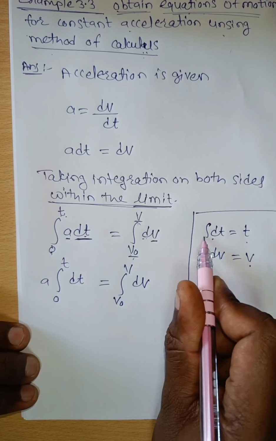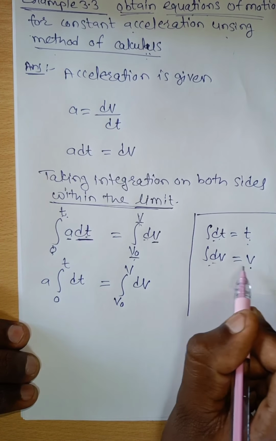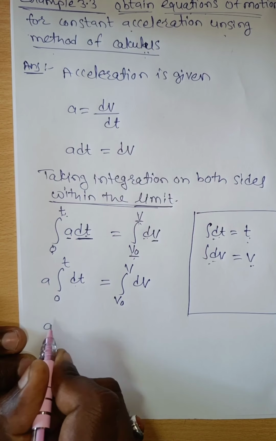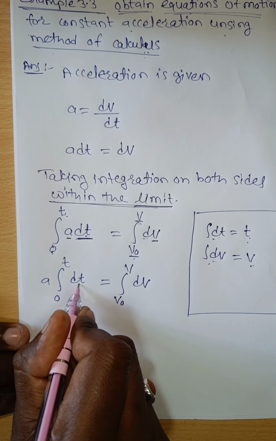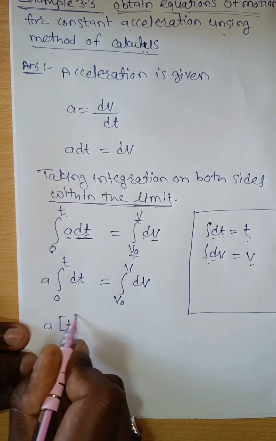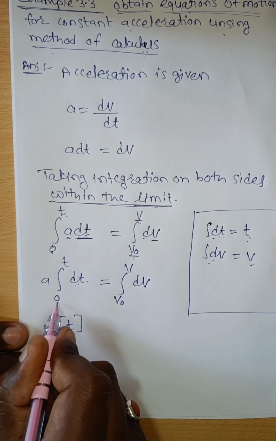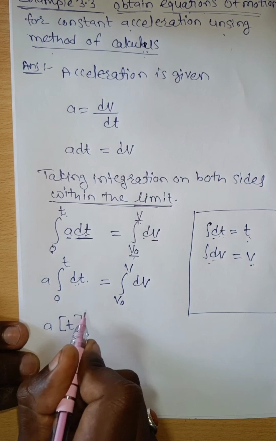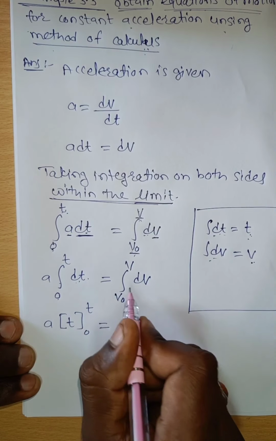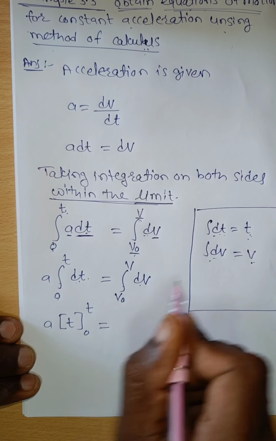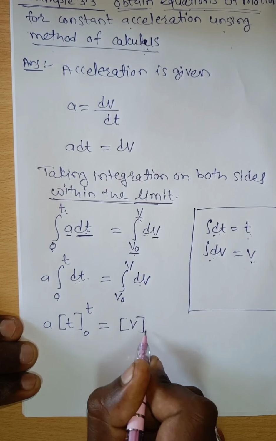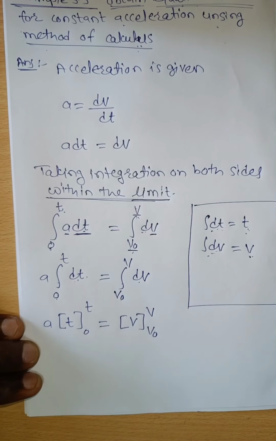Therefore the integration of dt is t, the integration of dv is v. Then a into the integration of dt, which is t, with lower limit 0 and upper limit t, is equal to the integration of dv, which is v, with lower limit v naught and upper limit v.